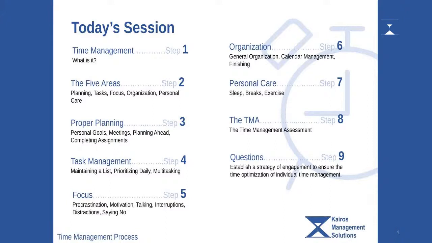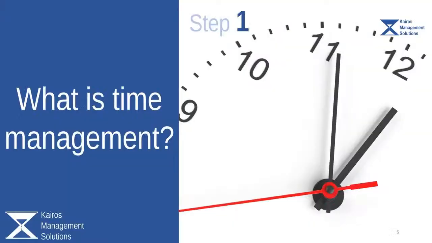That's proper planning, task management, focus, organization, and personal care. And we'll wrap it up. I'll give you a little bit more detail about the time management analysis report and give you the opportunity to ask any questions you would like at this point. So that's what I hope to accomplish today.